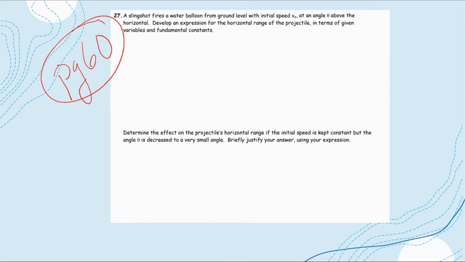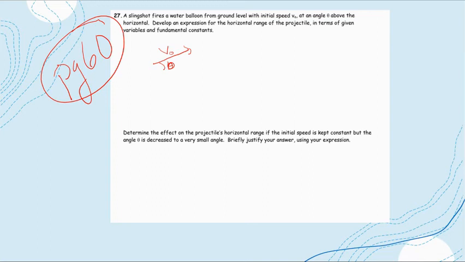If you look at this question, it says a slingshot fires a water balloon from ground level with an initial speed of V initial. So you have V initial at an angle of theta above the horizontal. Develop an expression for the range of the projectile in terms of the given variables.